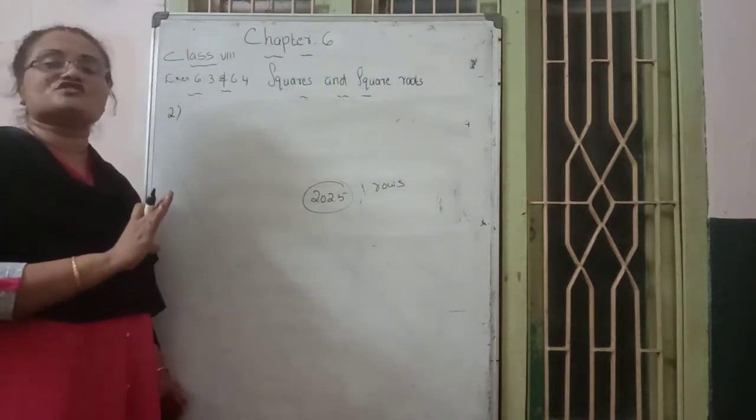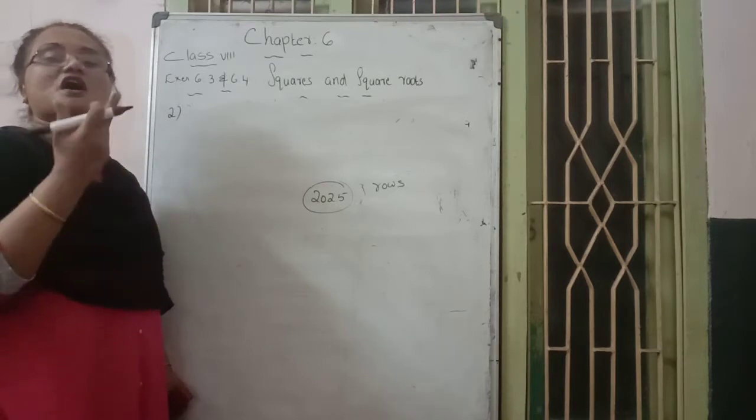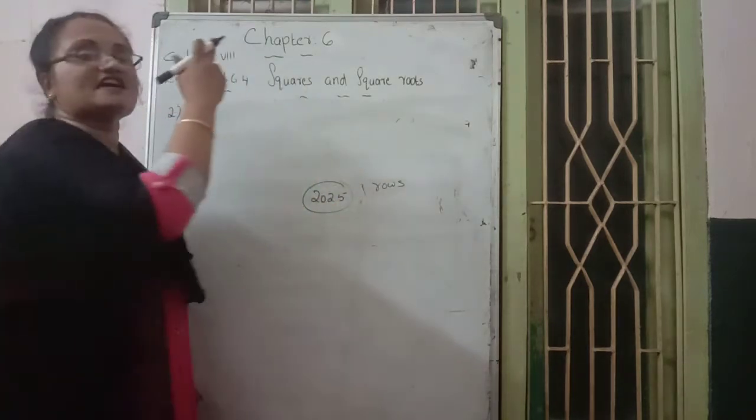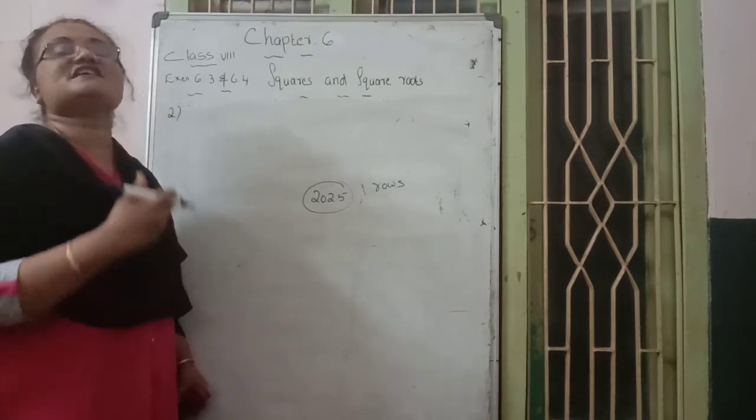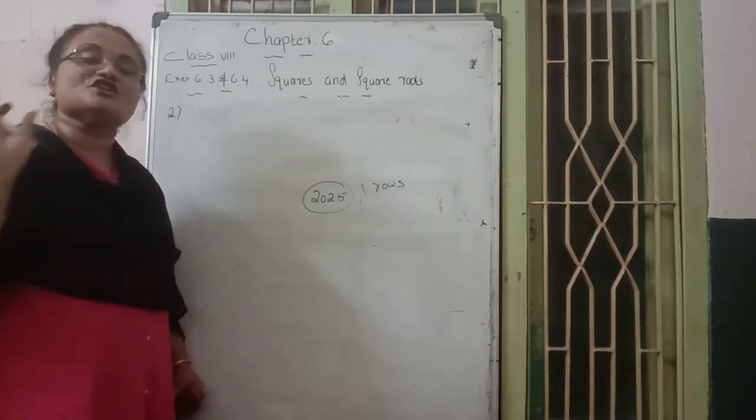That is the meaning, because we have to find out how many rows are there in that garden, and in the same way how many plants are planted in each row. That is the meaning of this question.